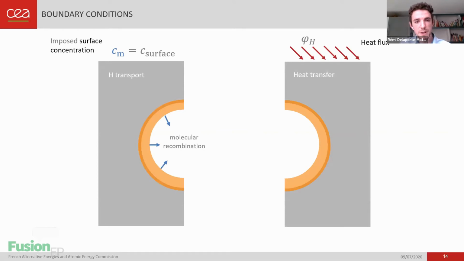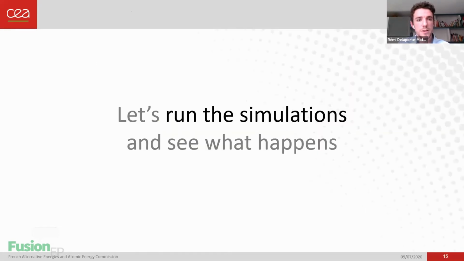For the heat transfer problem, we're going to assume a heat flux at the top surface here that I call phi_h, and on the cooling surface, a heat exchange with the coolant. And we're going to assume that every other surface is insulated for simplification purposes. All right, so let's run the simulation and see what happens.